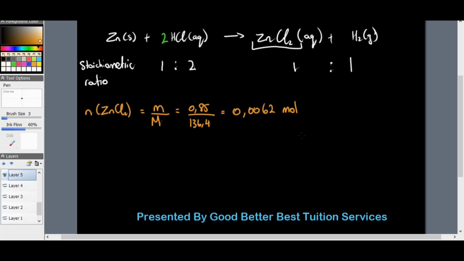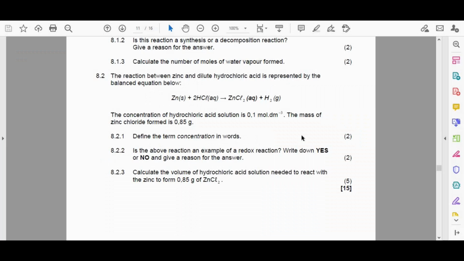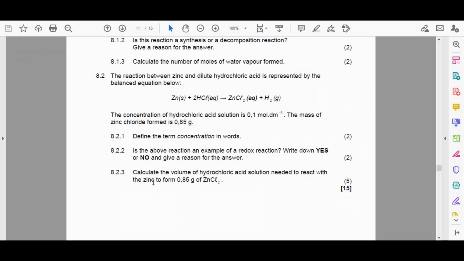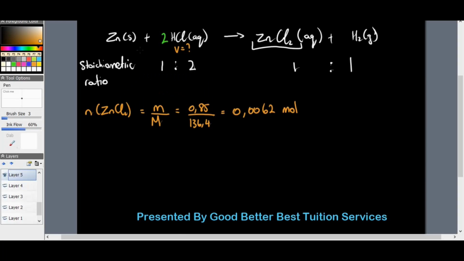So now that I know the moles of zinc chloride, the question, going back to it, says calculate the volume of HCl. So I'm looking for the V of HCl that is needed to react with the zinc to form 0.85 grams of this. So you want to know what volume must that be.